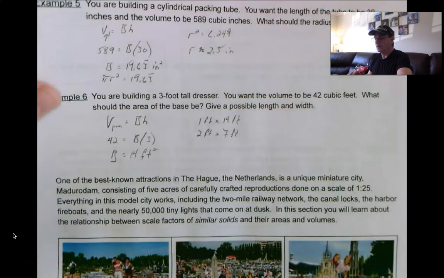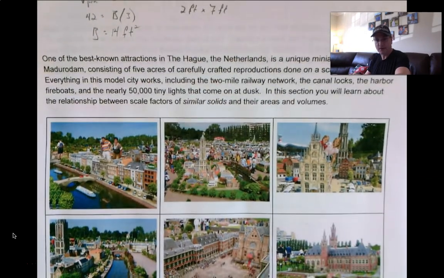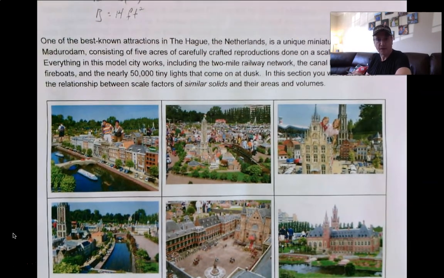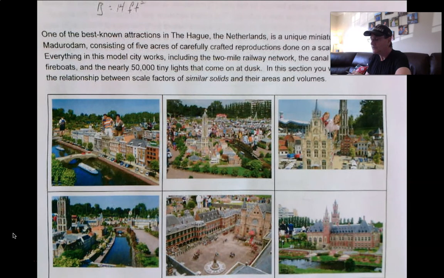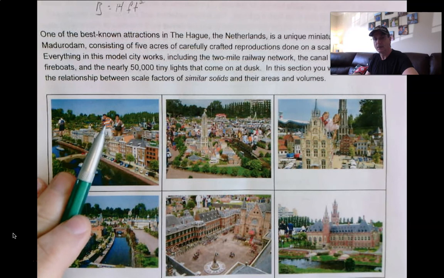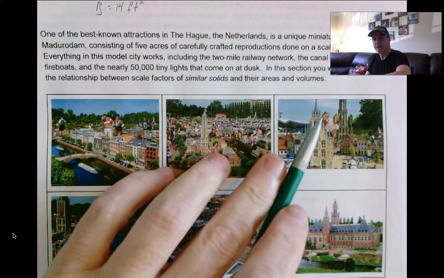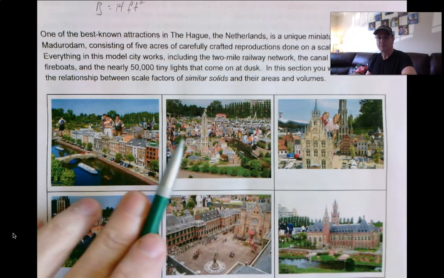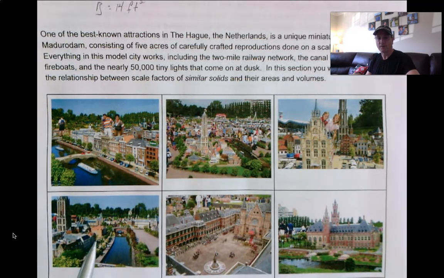Okay. All right. This next part here is to illustrate similar solids. And most of my students, when they first look at these pictures, just look at them and don't read this thing here, and they certainly don't look at the pictures really closely and notice that these people aren't really big, that these buildings are really small, and those are people in the backgrounds here.